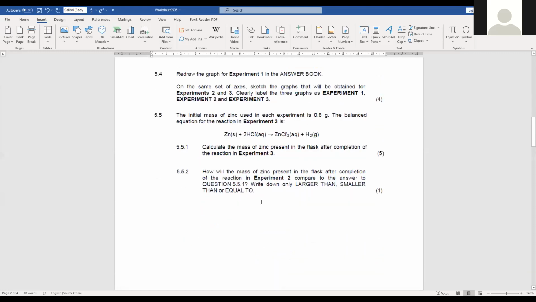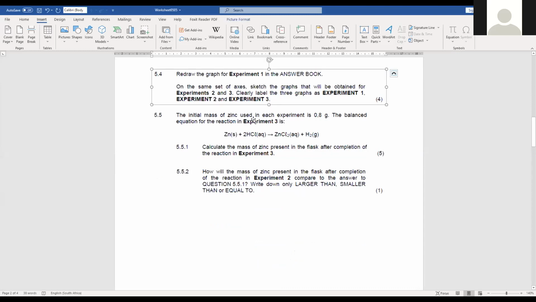Then in question 5.4, they ask you to redraw the graph for experiment 1 in your answer book. On the same set of axes, sketch the graph that we'll obtain for experiments 2 and 3. Clearly label the 3 graphs in the experiment.